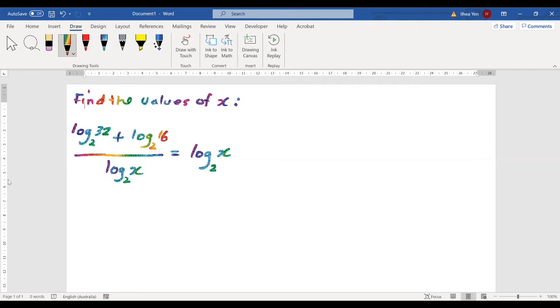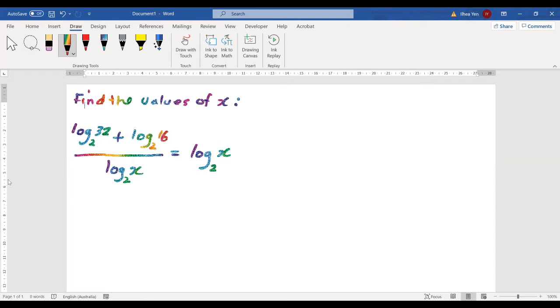Times by log base 2 of x on the left-hand side and right-hand side. That'll cancel out on the left-hand side, and it'll square it on the right-hand side. So at least we don't have any fraction form. Another one is making the right-hand side into over 1, making it into fraction form, and then cross multiply.